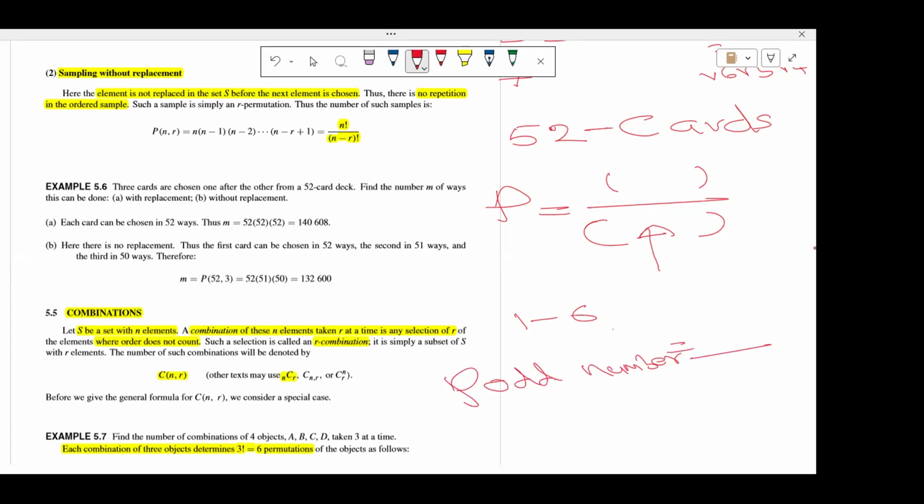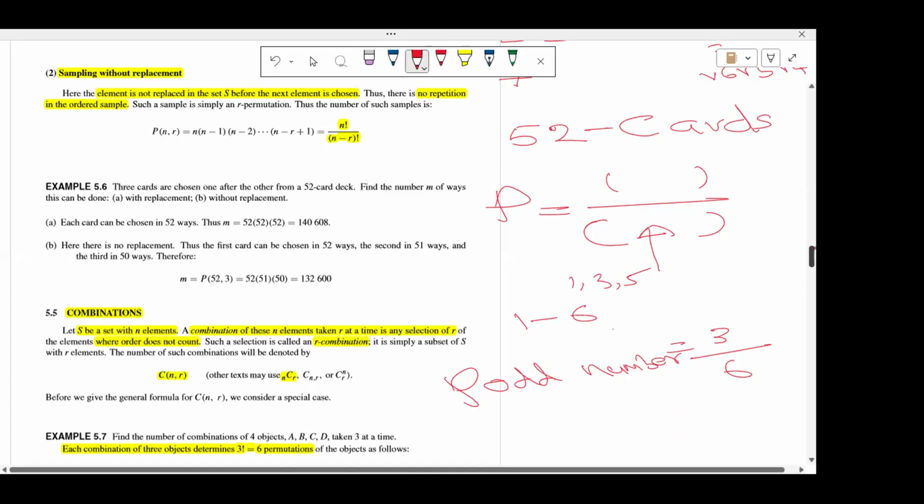There are six outcomes, 1 to 6, and 1, 3, and 5 are odd, so three events. The probability is 3 over 6, which means 1 over 2, 50 percent.